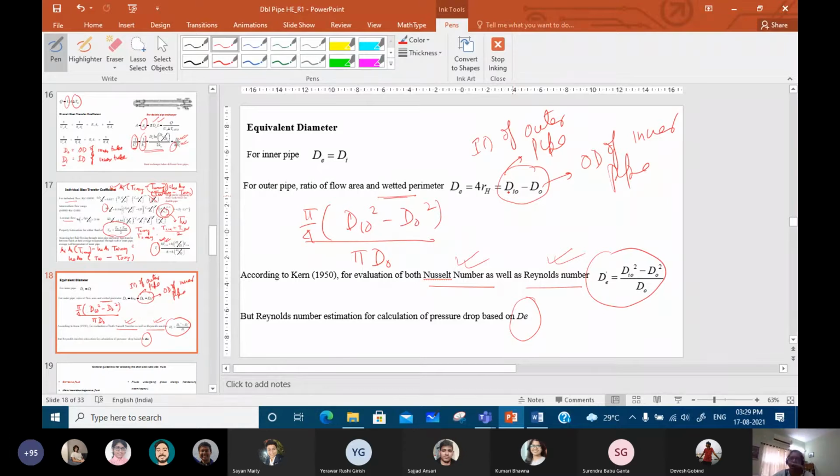So I leave it to you to decide what you want to do. For the heat transfer coefficient, you can use this particular hydraulic diameter. For pressure drop, you can use this, or else you can use the same for both. I do not think it is going to matter much.